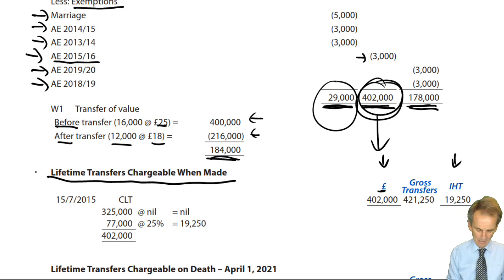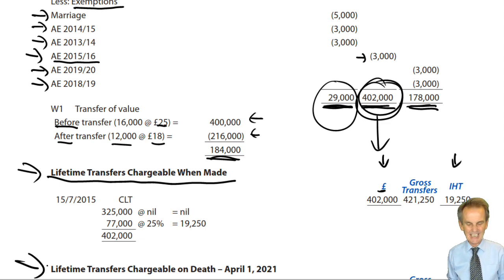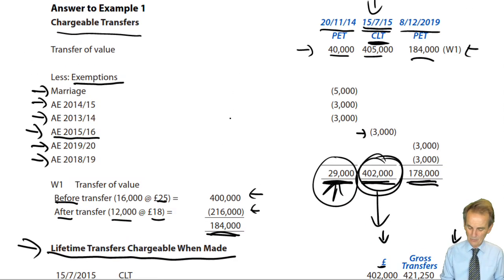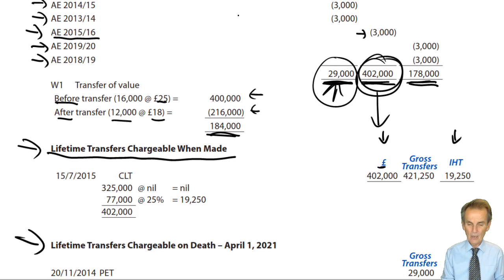Not in lifetime, not on this computation. When you do this computation, again, sneaking in just beneath this, just at the bottom of your screen, lifetime transfers chargeable on death, then yes, that PET there, back in, when was it, November 14, does become chargeable. And therefore, it will be taken account of.